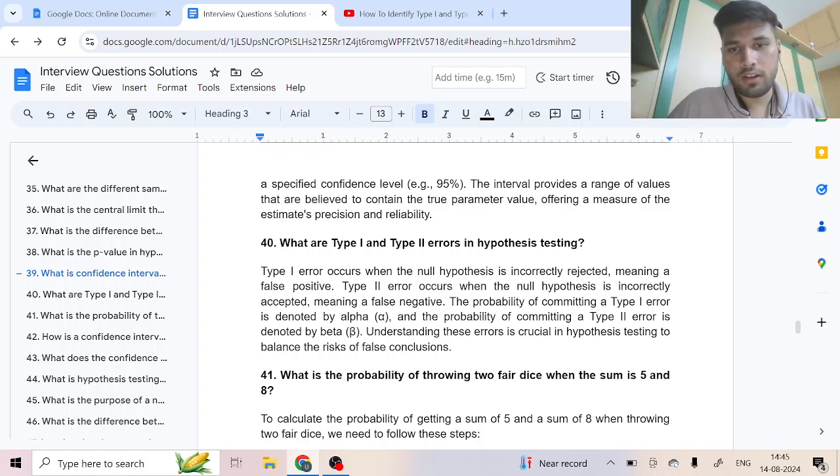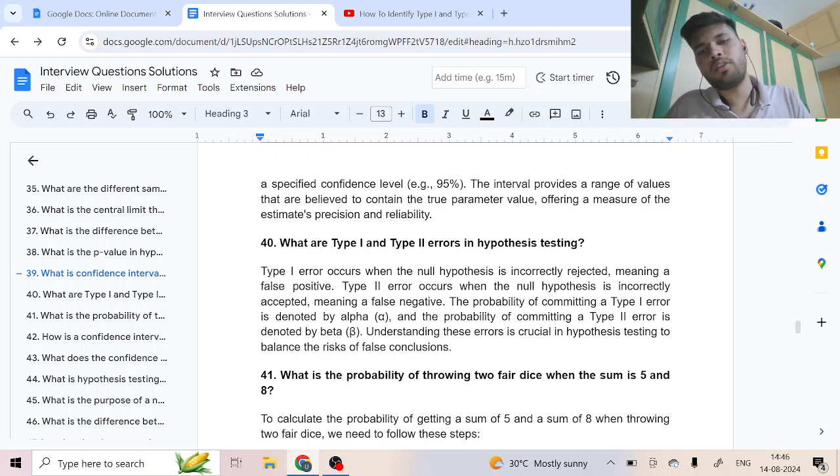So a type 1 error occurs when the null hypothesis is incorrectly rejected, meaning the null hypothesis is actually correct, but we have some wrong evidence suggesting that it is wrong. So we reject the null hypothesis, but actually it is correct. This is a type 1 error.